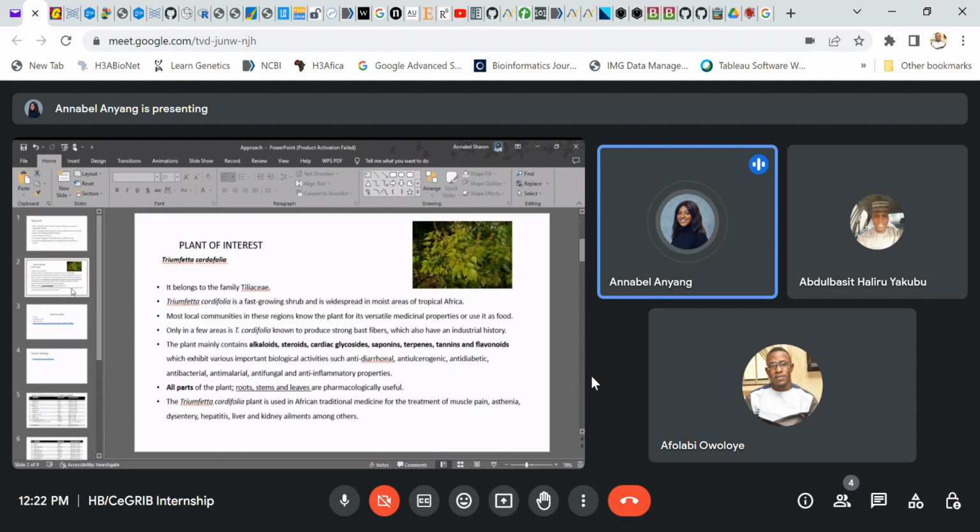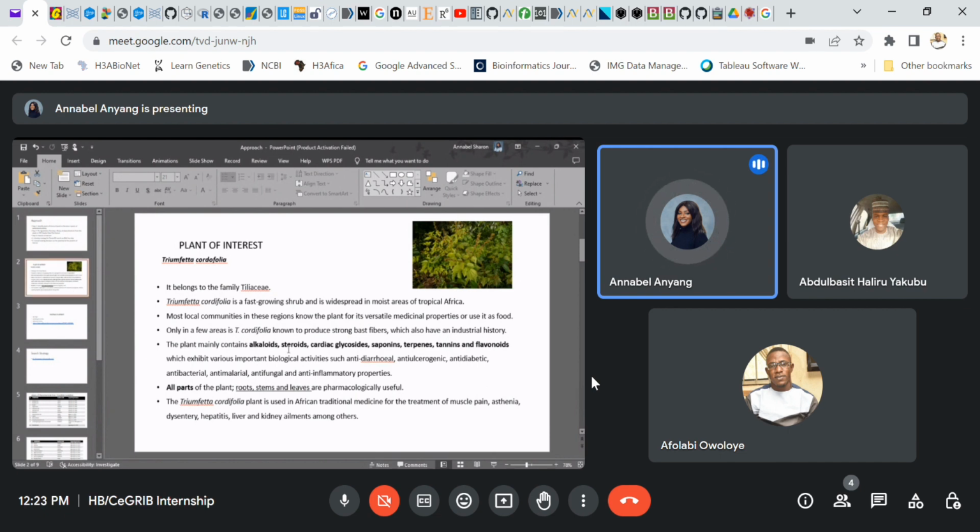This is Triumfetta cordifolia, with some background about the plant, where it's found, and its uses. It has economic and medical uses. It has been used for weaving baskets and has medicinal uses too.